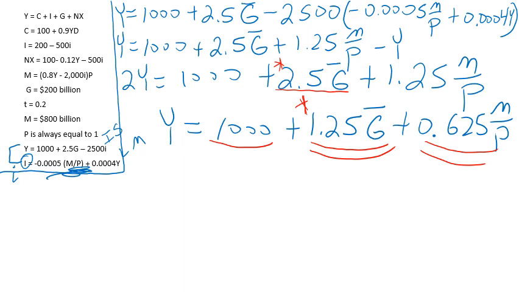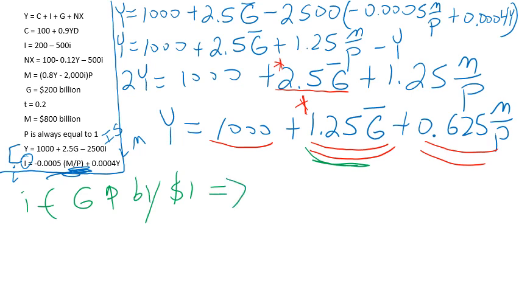All right. Now, in plain English, let's do it in green here. So, what's the meaning of this 1.25? Well, it means that if government spending goes up by $1, then GDP, or Y, as we're calling it, will go up by $1.25.